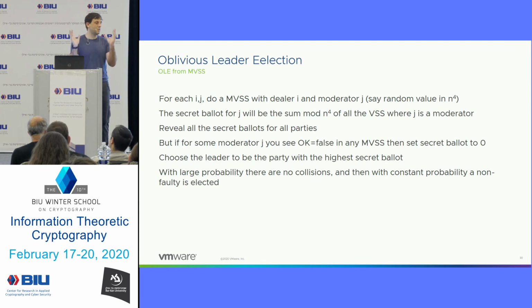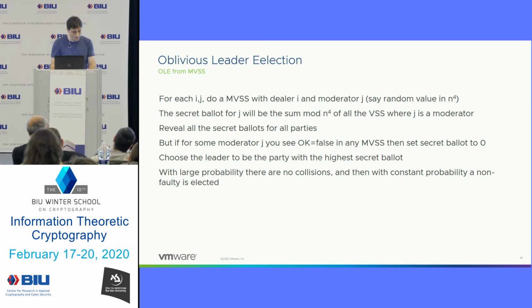Then we plug this oblivious leader election into the consensus protocol that we've been working on in the last 3 hours. This protocol has the ability to withstand malicious primaries, but with constant probability there's going to be a good primary, and then we're going to get progress. So any questions about these constructions?